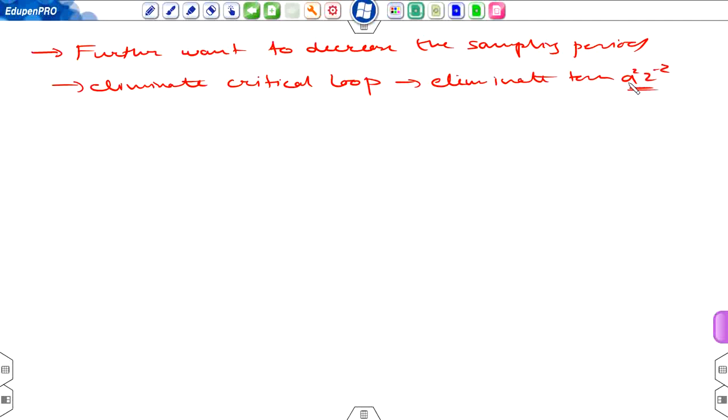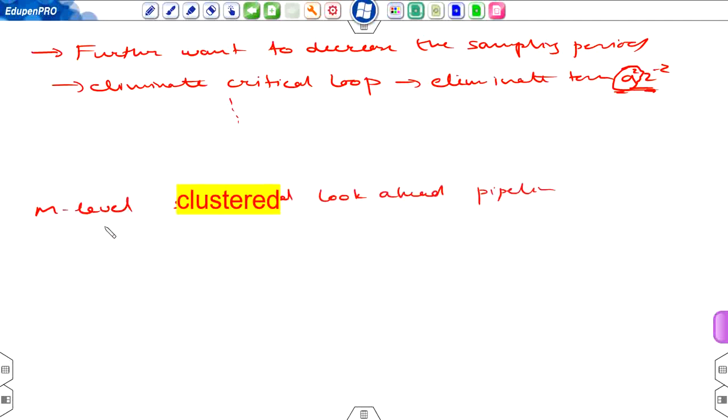Okay, so this coefficient will be updated because we will perform some multiplication in numerator and denominator, but this power will remain the same, z square. Okay, so this process goes on, and we can continue this up to m level. That means eliminate the terms z raised to power minus 1, z raised to power minus 2, up to z raised to power minus m.